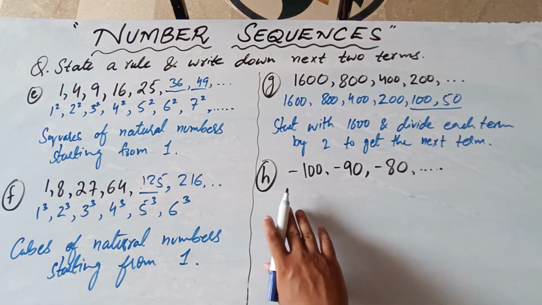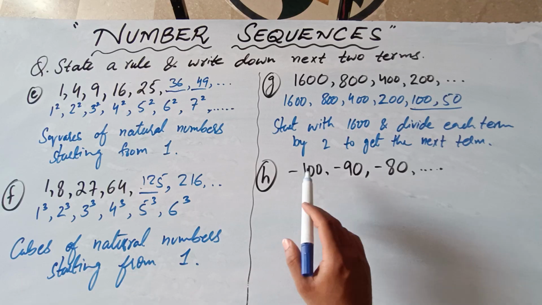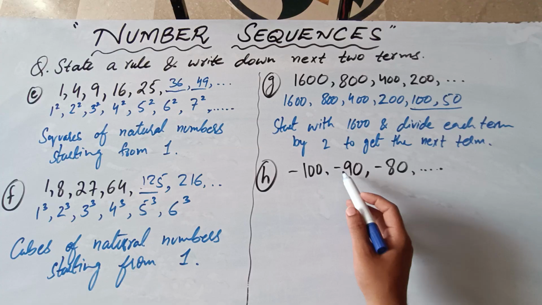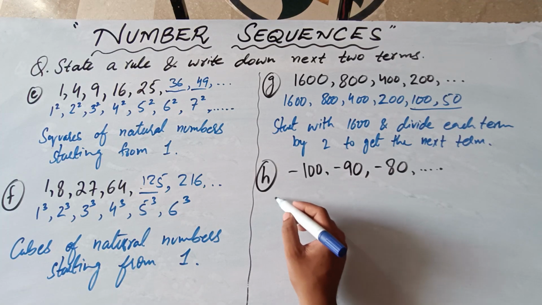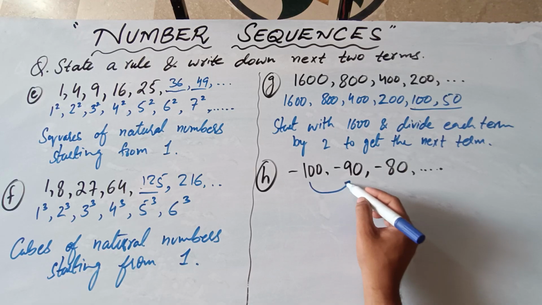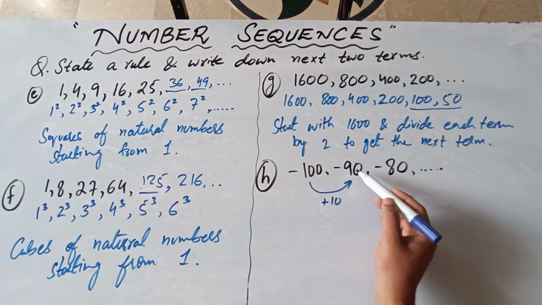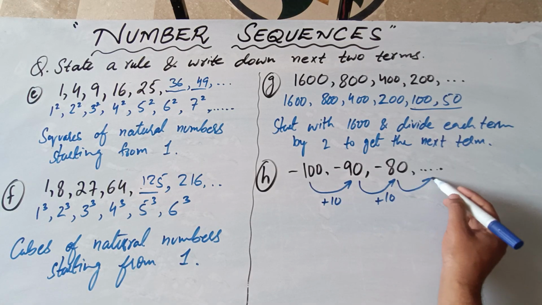Now again the numbers are getting changed. What is happening over here? Basically it is getting increased, because negative 100 is smaller, and negative 90 is bigger than negative 100. The difference is 10. If we add 10 to negative 100, we get negative 90. Again plus 10, again plus 10.